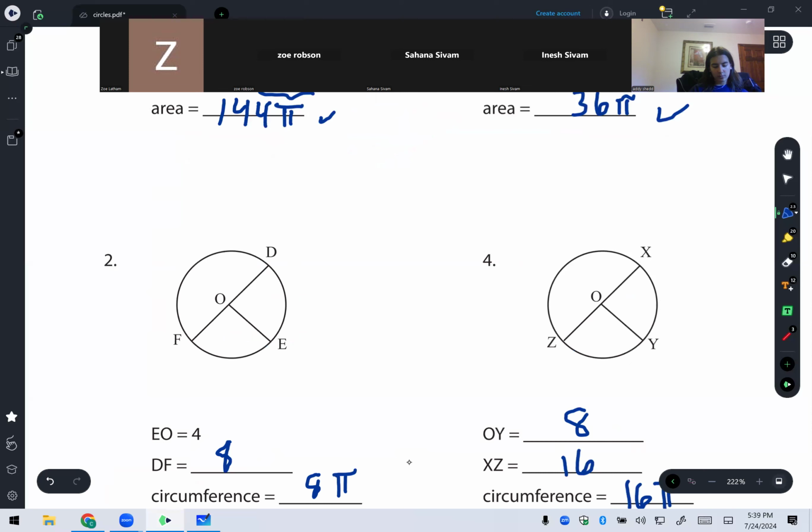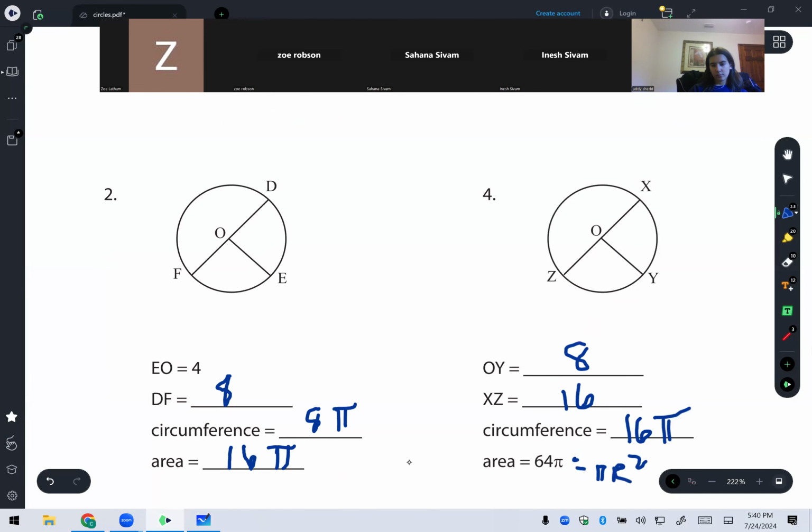Then down here, if EO is 4, they just gave us the radius. DF will be 8, circumference will be 8 pi. And the last one, if the area is 64 pi, that means the radius is 8, the diameter is 16, and the circumference is 16 pi.